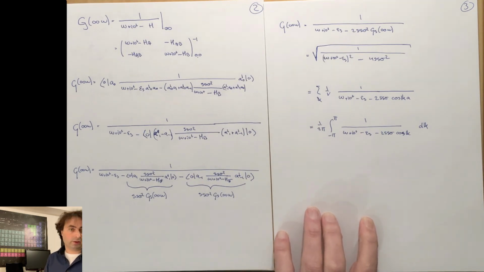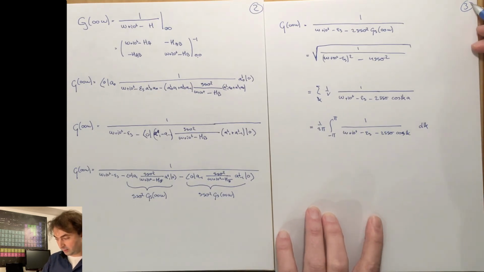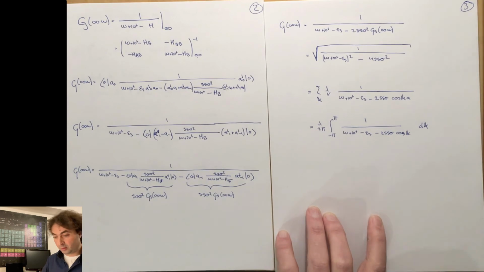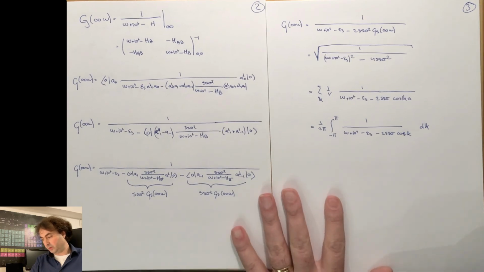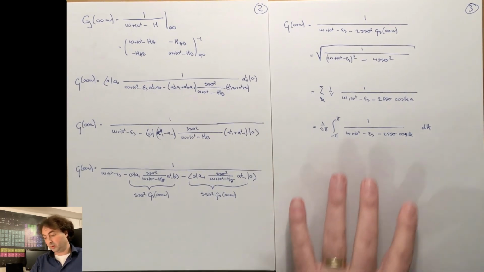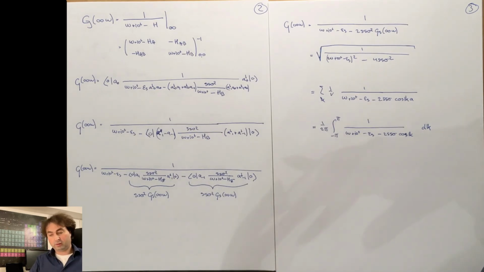Now, of course, you can work out this integral and you would get to exactly the same result. It's just that this is, I think, a very intuitive and straightforward way to derive this result without having to go through these kinds of integrations. And it's the physical interpretation where you say, well, a Green's function tells you how you propagate in your system.